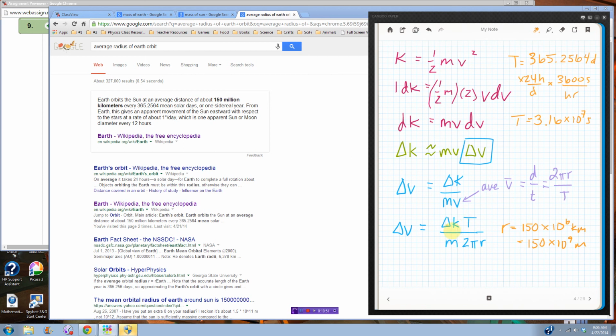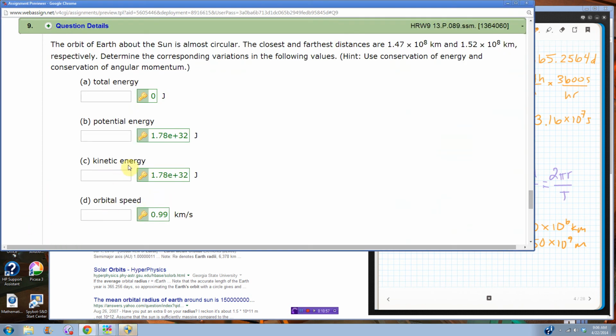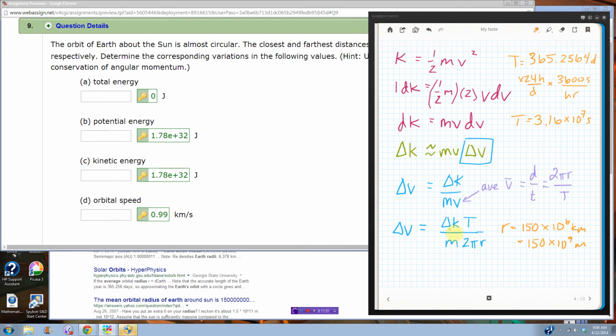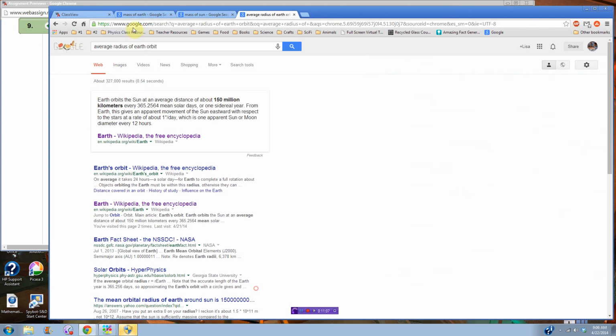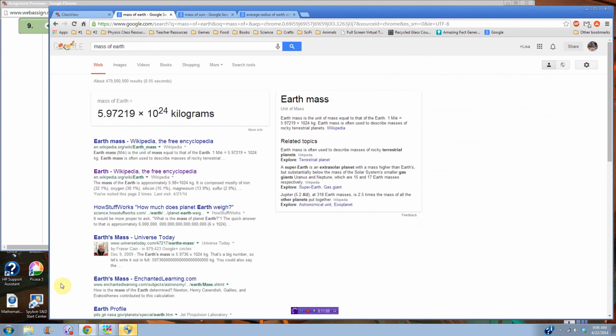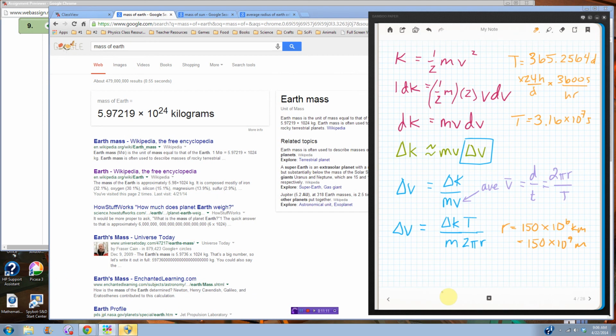So if I put in for delta K our answer for C, for change of kinetic energy, there it is. This is the period. Mass of the Earth, I still have, there it is. And 2 and pi, you know. And then r is this.